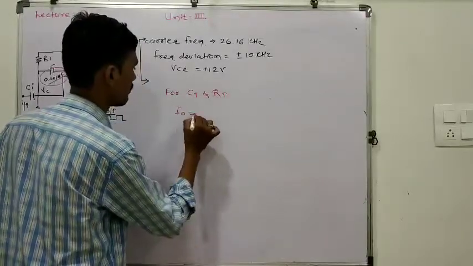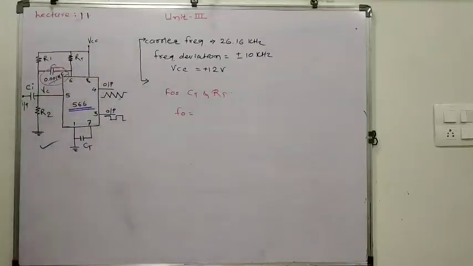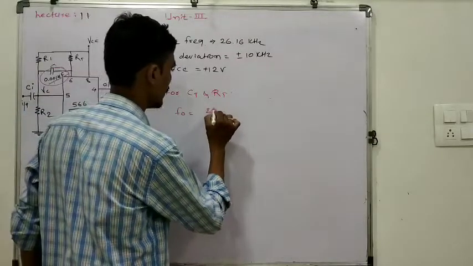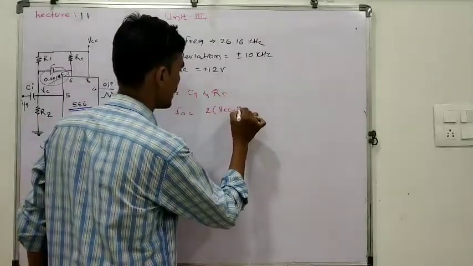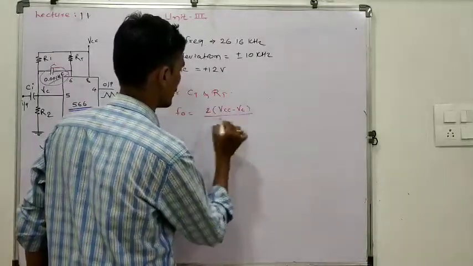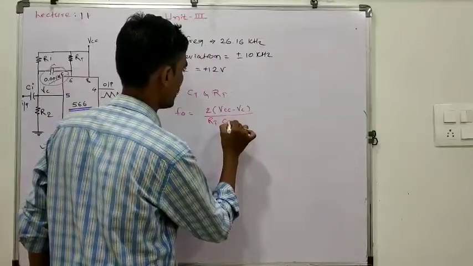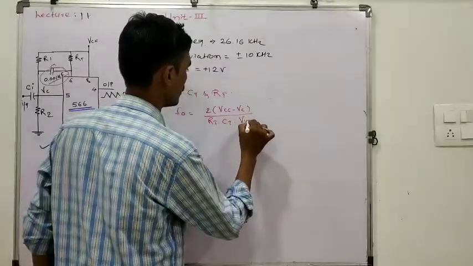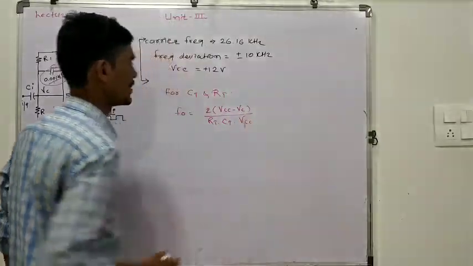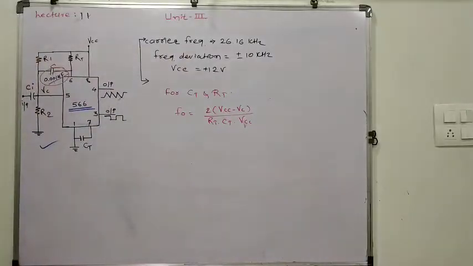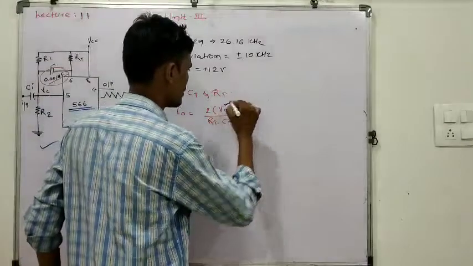Now for CT and RT, we know the formula for F0. What is the formula for F0? F0 is equal to 2 into (VCC minus VC) divided by RT into CT into VCC. So this is the formula for the F0. Now we know that VCC is equal to 12 volt.